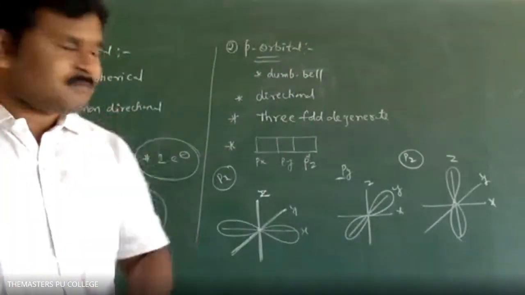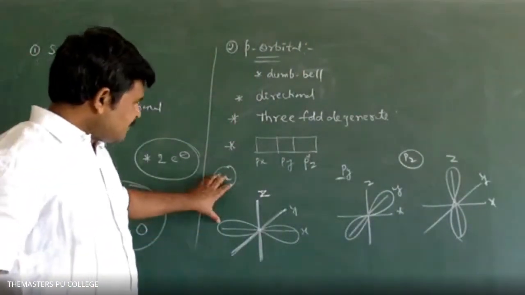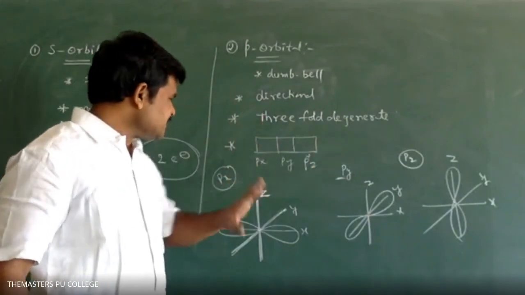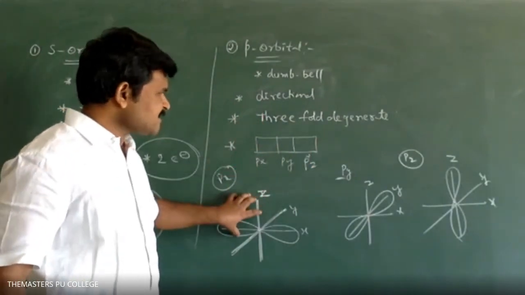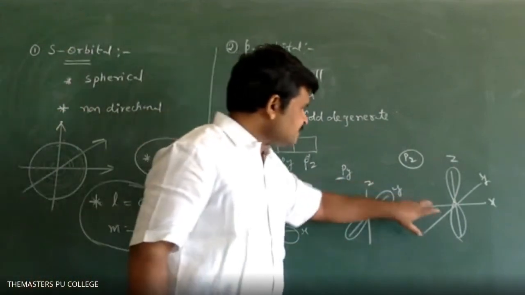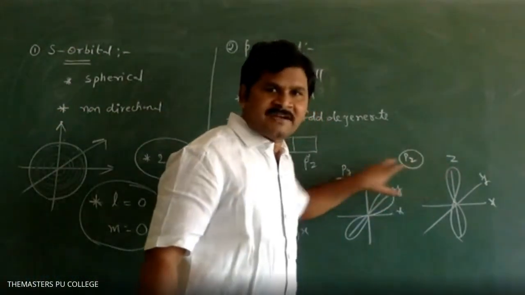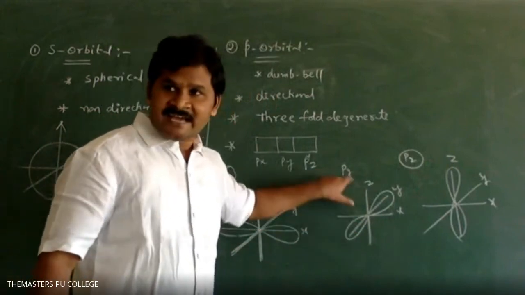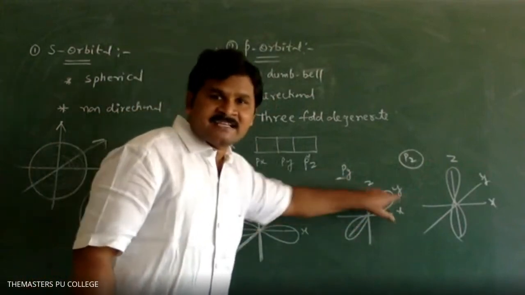One simple summary: P orbitals are of three types: Px, Py, Pz. If I talk about Px, the YZ plane is the nodal plane. For the Py orbital, the XZ plane is the nodal plane.